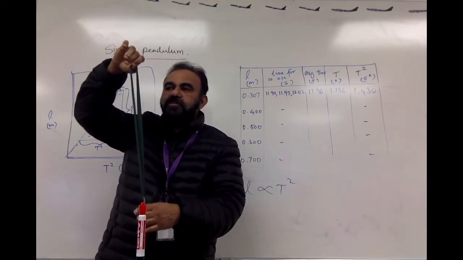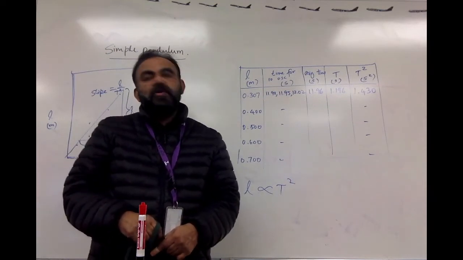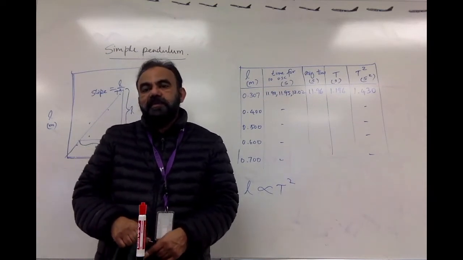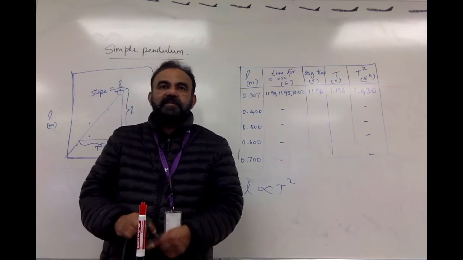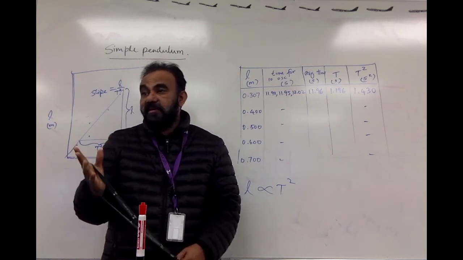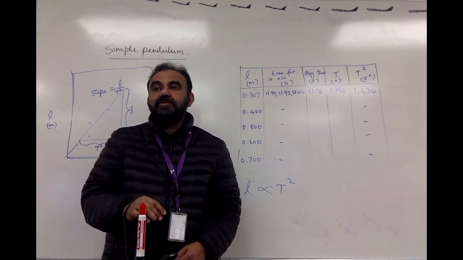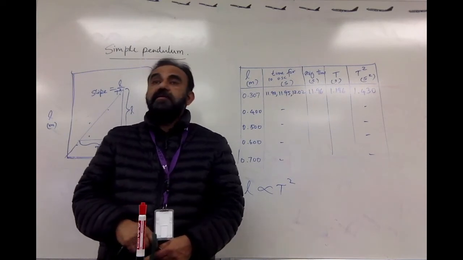There is a small angle approximation that is done. The value of sine theta and tan theta will be very close only for small angles. You can check it out. What is sine 5 degrees?